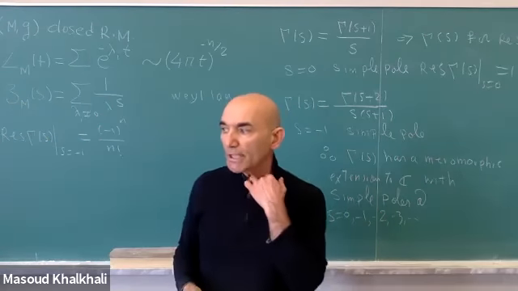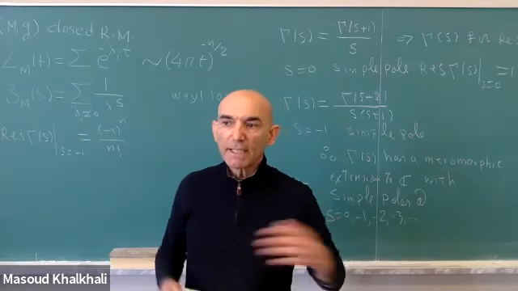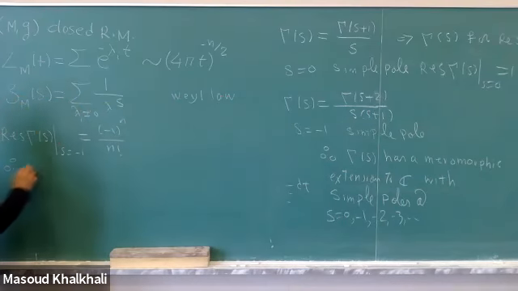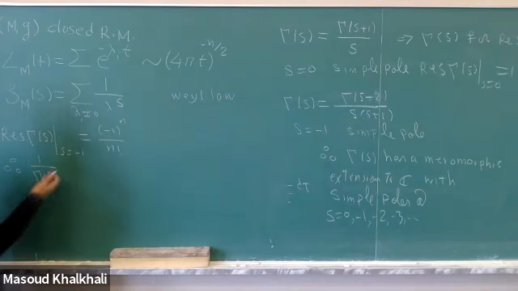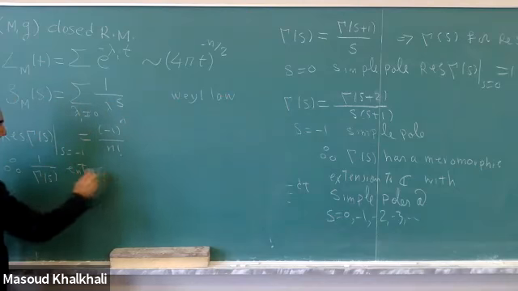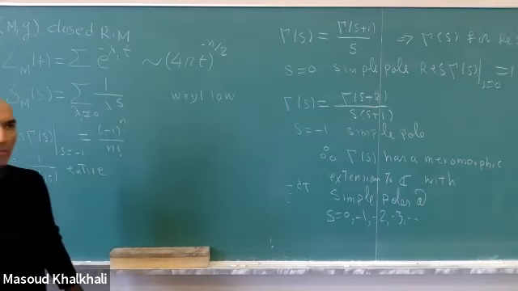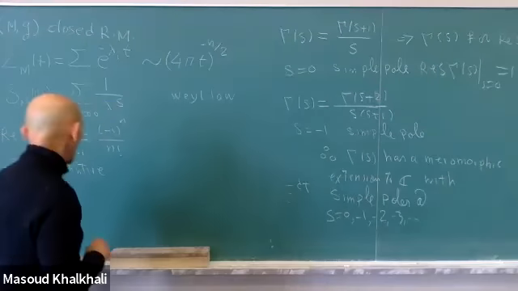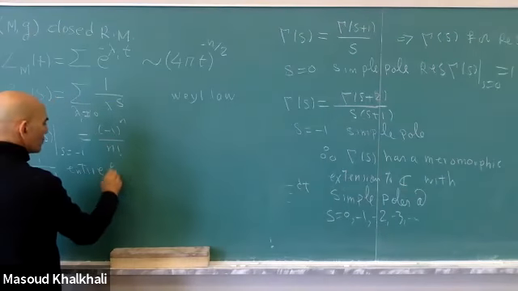So in particular, the function 1 over gamma is an entire function. You should not worry about this function at all. Entire, you remember from complex analysis, means that it's holomorphic on C. That's it.